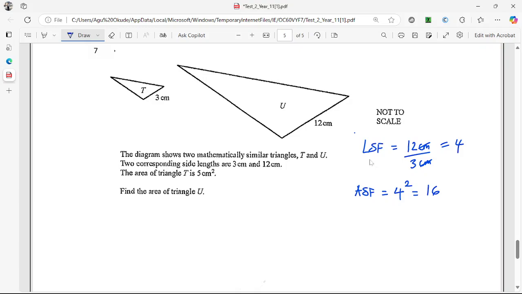We are looking for the area of the larger triangle, so I'm going to multiply the area scale factor 16 by the area of the smaller triangle, which is 5. 16 times 5 cm squared, and the answer is 80 cm squared. And that ends the practice.